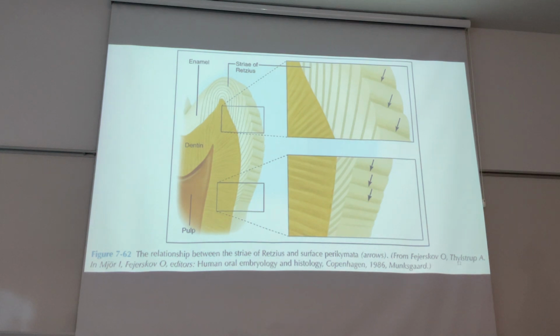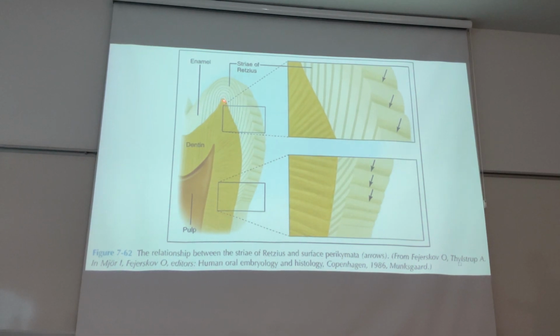The other lines present on the surface of enamel are known as the Retzius lines. Retzius lines. Why can you see these lines? What are these lines? Look here. This is our dentin, and this part is our dentino-enamel junction, and here you can see the dentin.